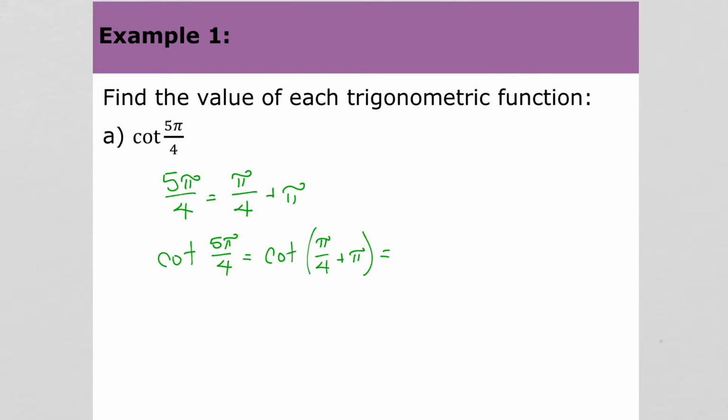And the cotangent of pi over 4 is 1. So just another thing in our repertoire to help us find these values.